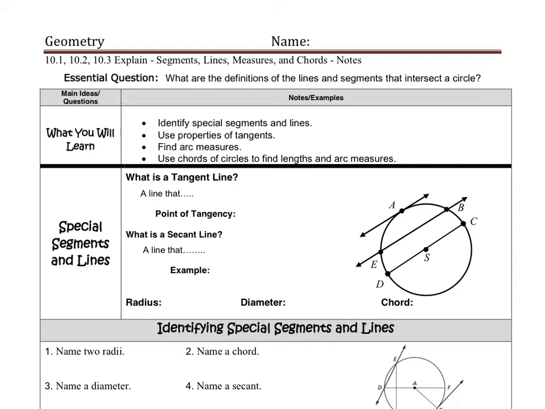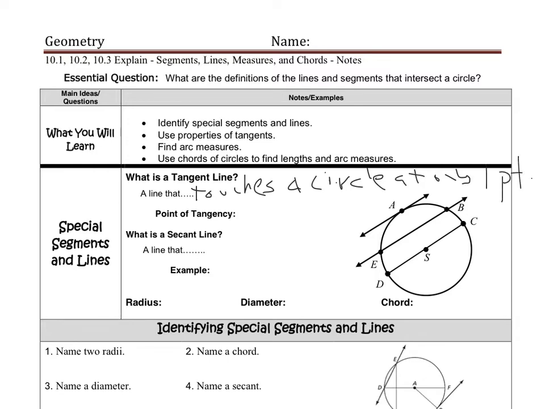What is a tangent line? Remember, if you are told you have a tangent line, that means that the line is touching the circle on its edge at one point. So it's a line that touches a circle at only one point.